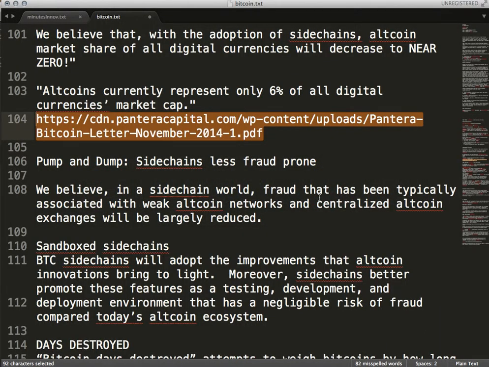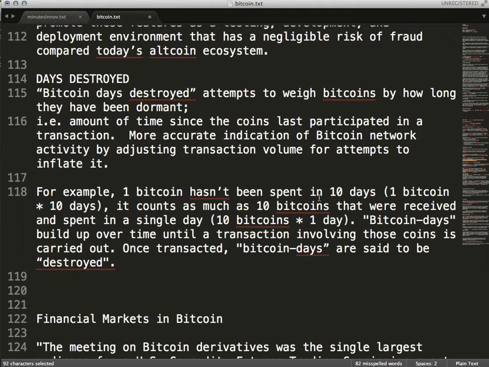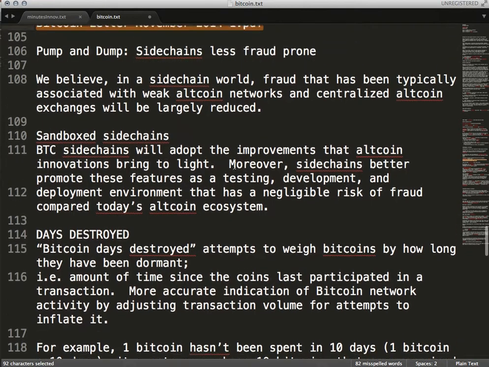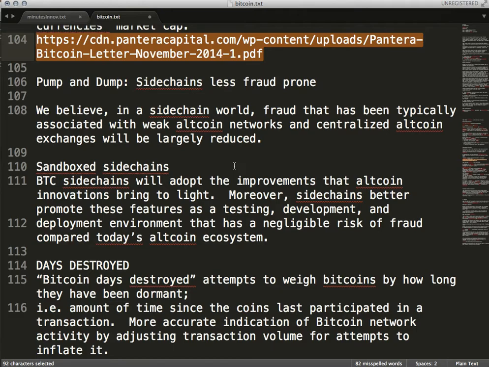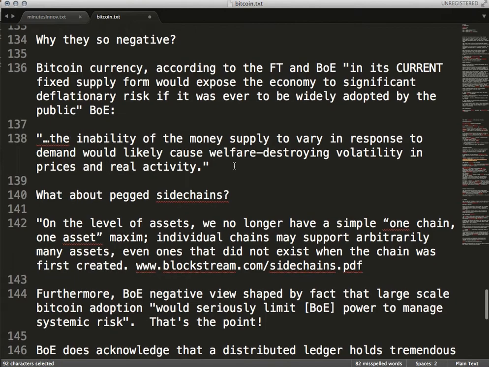What sidechains do is essentially you can now envision Bitcoin as being infinitely divisible. So the supply constraints that were previously innate to Bitcoin, that there would only be 21 million ever in production, those are now lifted because of sidechains and because of sidechain technology.